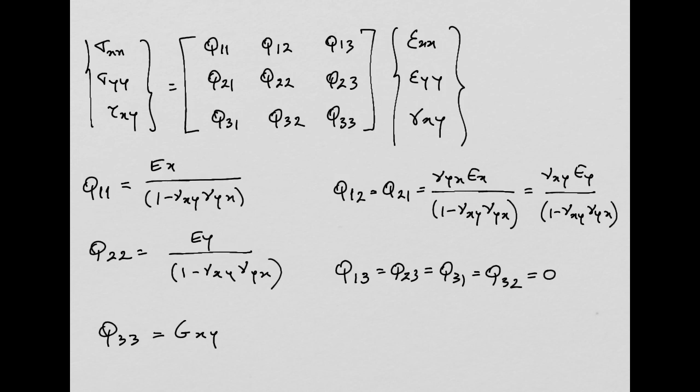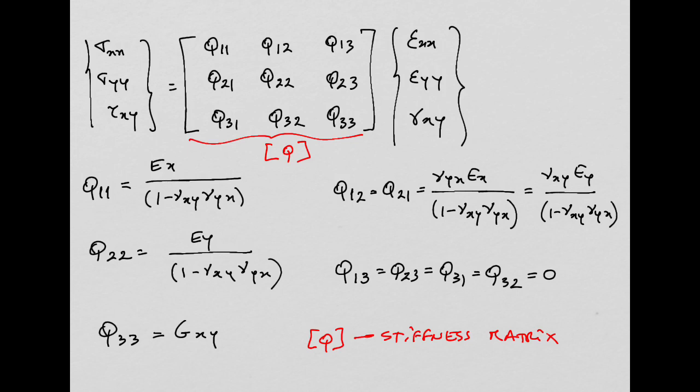All right, so this matrix is many times represented like this, and this is the stiffness matrix, which allows us to obtain the stress field from a given strain field that is imposed on the composite. So we did this last week.